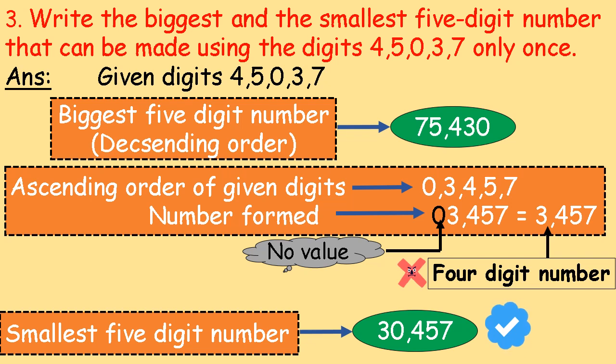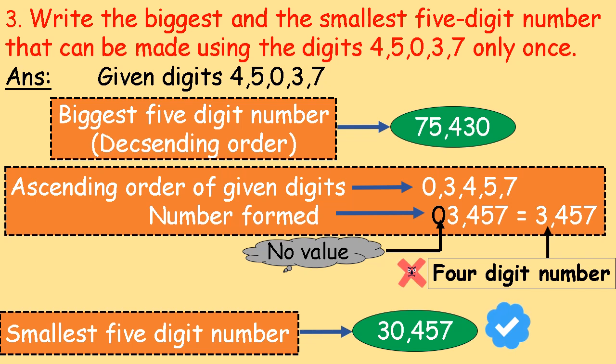Next question is, write the biggest and the smallest 5-digit number that can be made using the digits 4, 5, 0, 3, 7 only once. Here, the given digits are 4, 5, 0, 3 and 7. So, let's make the biggest 5-digit number.